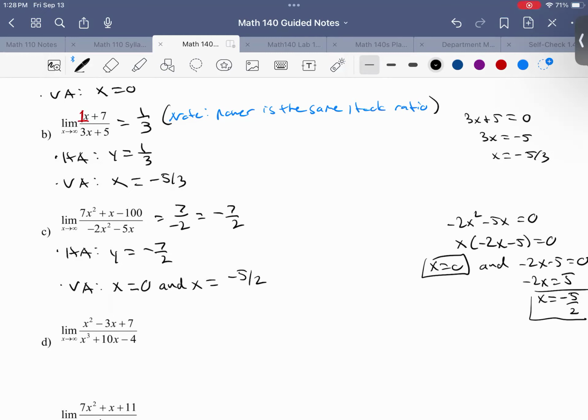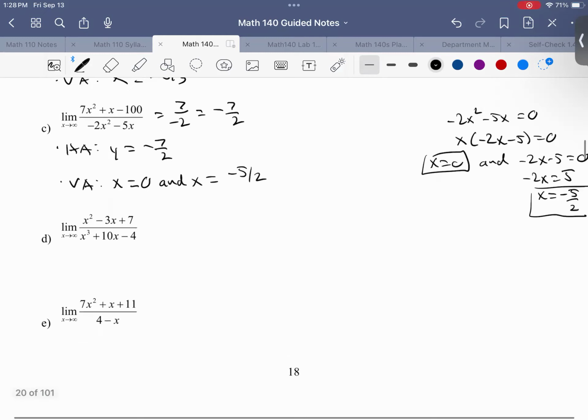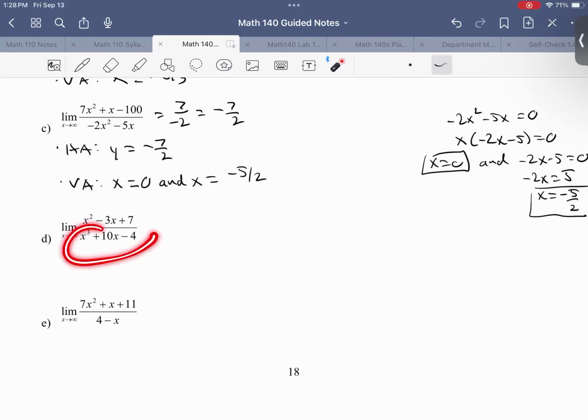Okay, so next one is D, right? So here we have x squared minus 3x plus 7 over x cubed plus 10x minus 4. And what we are going to do is look at the highest power. So we have more x values going on, right? But we're going to check out the highest power.